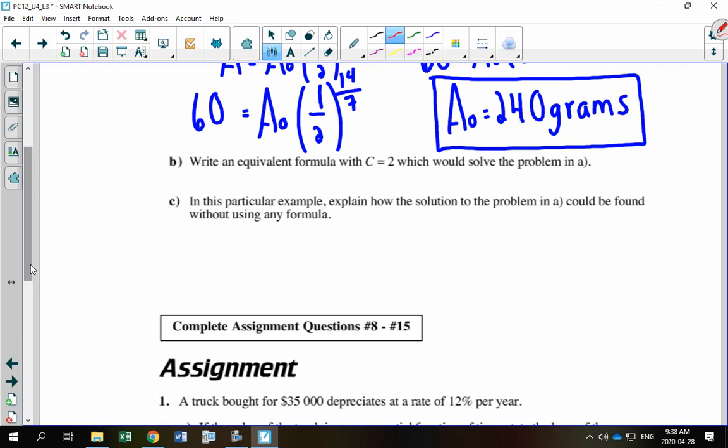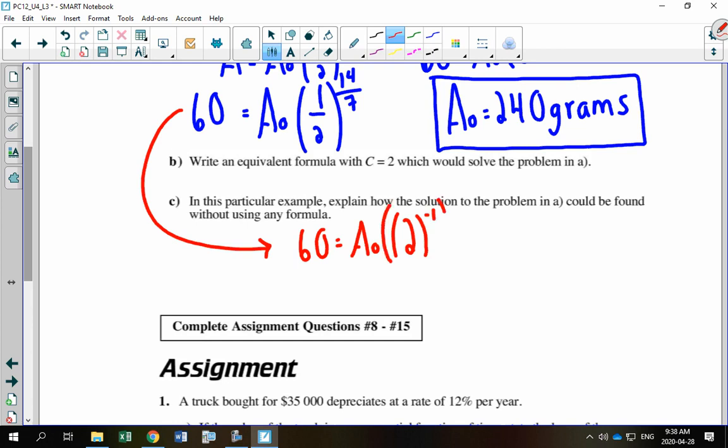If I took this formula and changed it to base 2, the base 1/2 would become 2 to the power of -1, all to the power of 2. Base 2, so just practicing changing the base. So this would be A0 times 2 to the power of -2. That's how it would look.